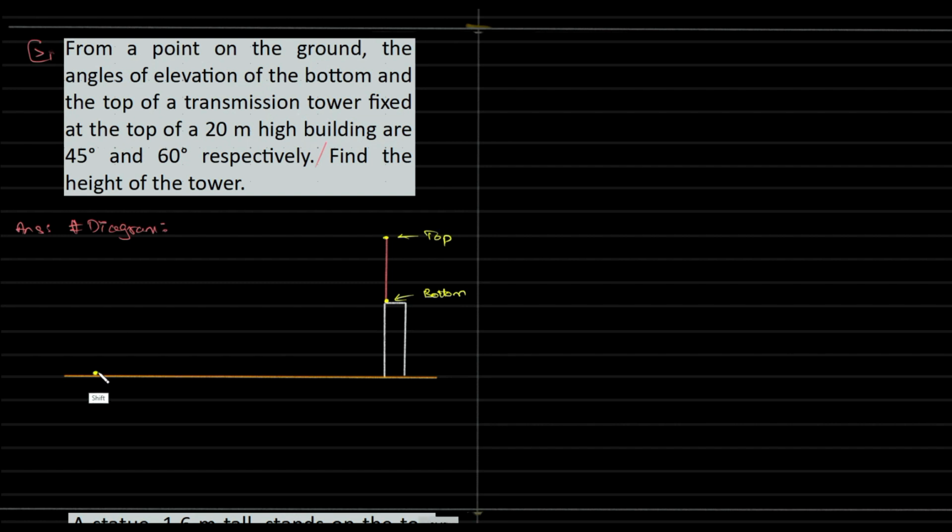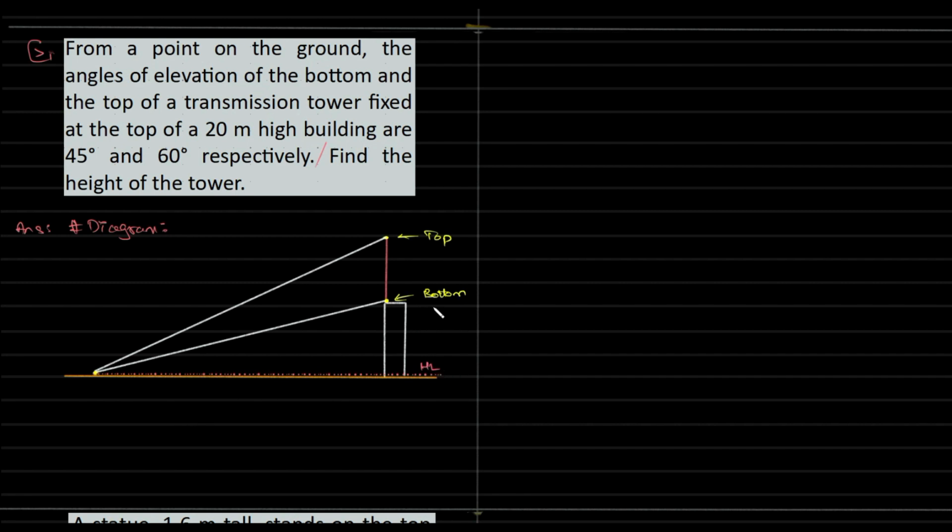First, let us mark the line of sight. This is the first one and this is the second one. That's your line of sight. This is the main thing. And since we are observing from this point, this is your horizontal line. That's the main thing.